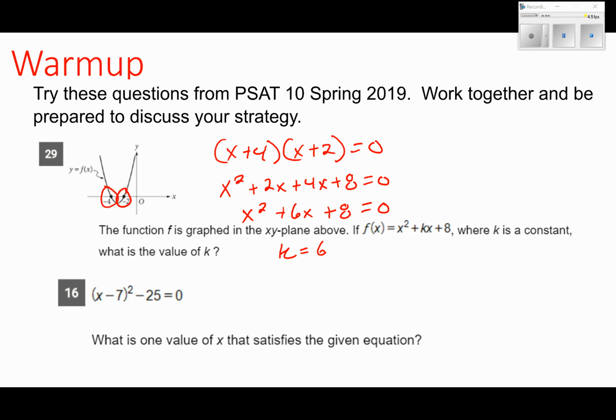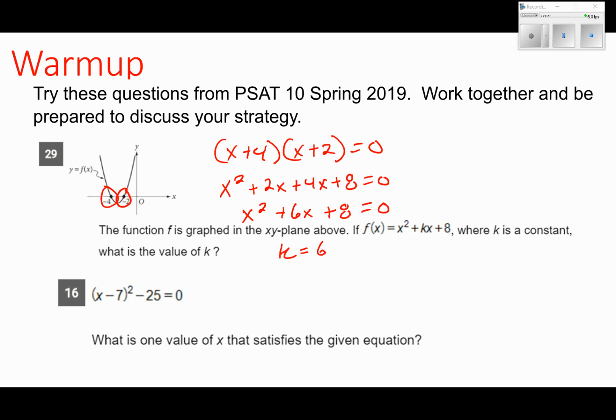So this is a question from the PSAT in 2019 using information that we know, using strategies that we know. If I know those are my intercepts, I can create two binomials, I can FOIL it, and then I am in the form of my standard form, x squared plus 6x plus 8 equals 0.